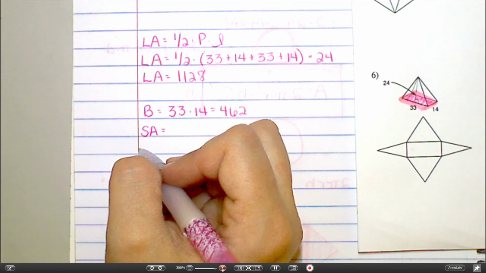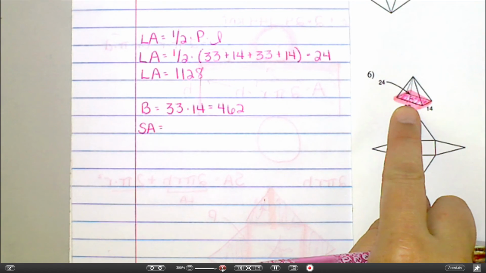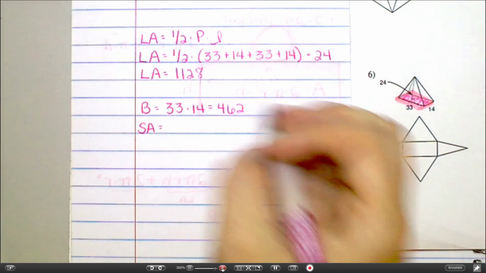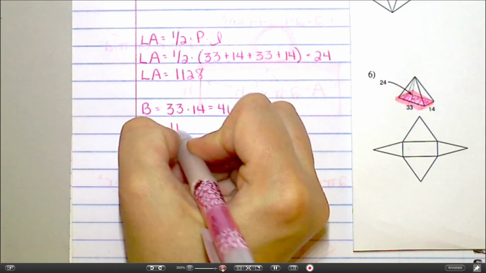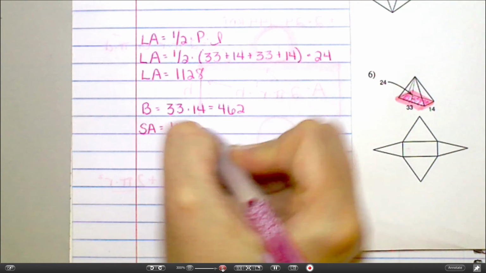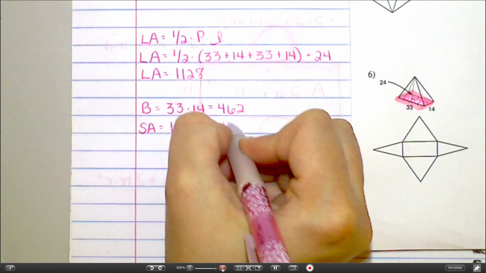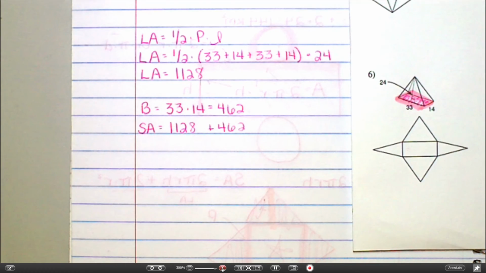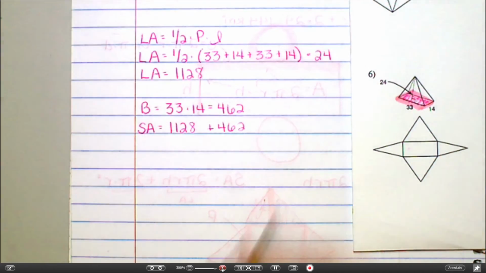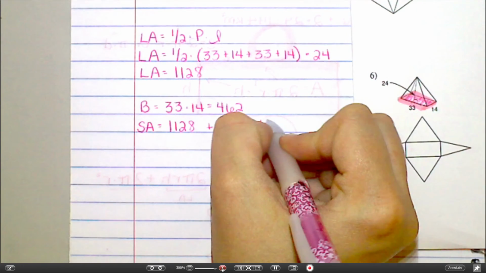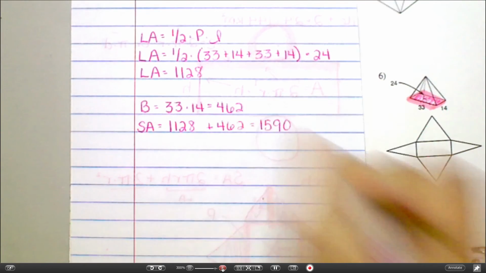This is a pyramid. How many of those rectangles do I have? Just one of them, right? So I would do the 1128 for the lateral area plus the 462, and I get 1590 for my total surface area.